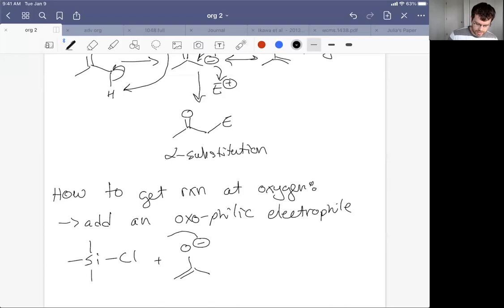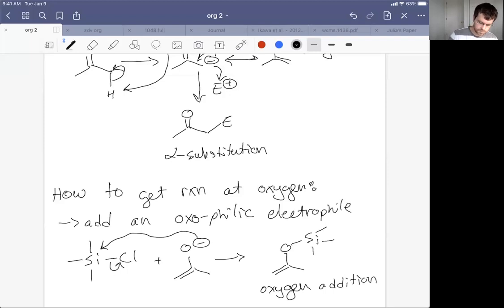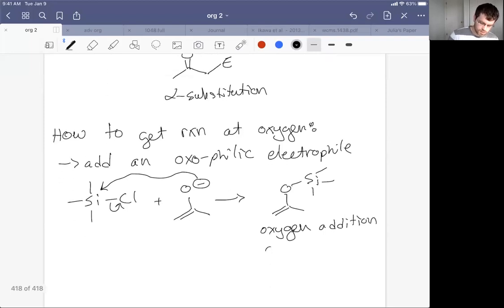And it's here that the oxygen is going to engage silicon and push off the chlorine atom to give the oxygen substituted species. Because the silicon-oxygen bond is strong.